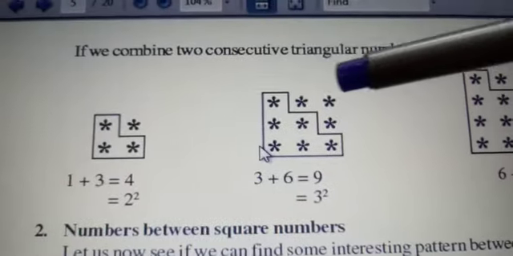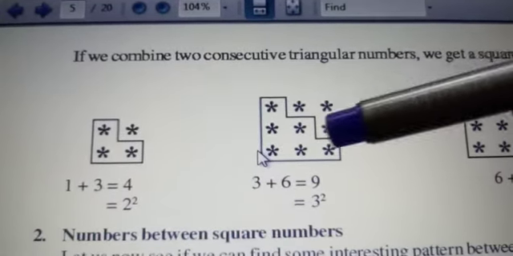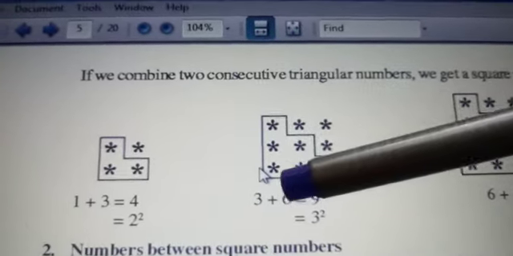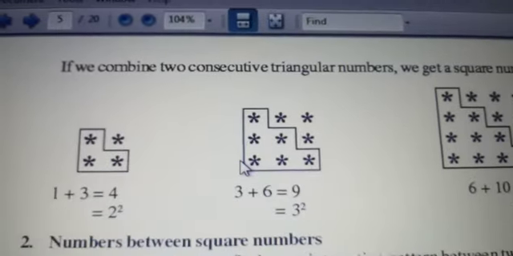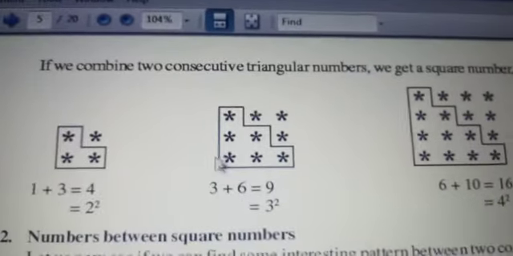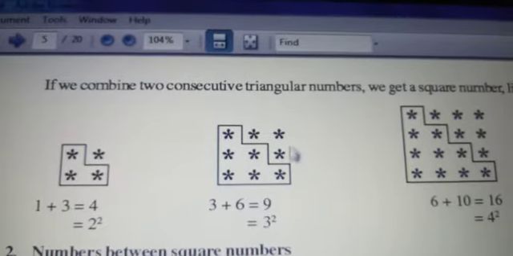So if you want to make this triangular number a square, you just fill these gaps. However many dots you fill, you add with this, and you will get a square number. Now this triangle shape has become a square shape.